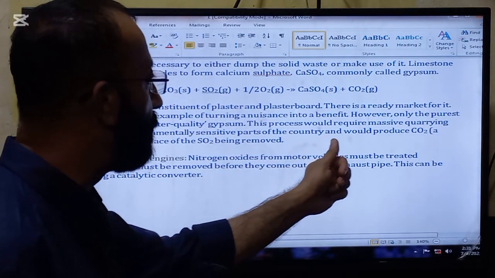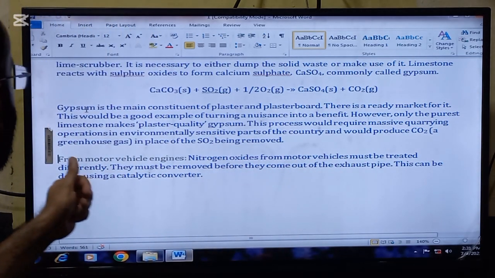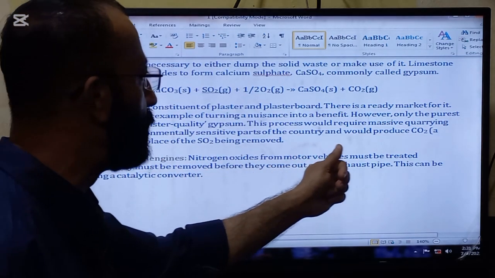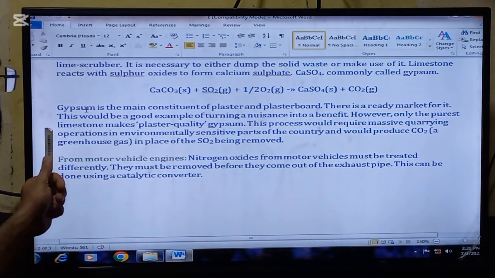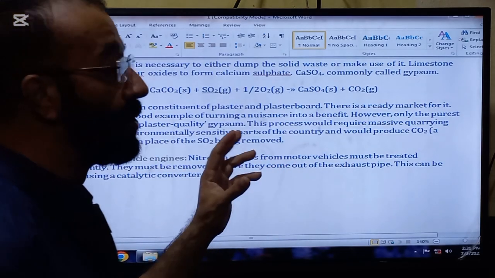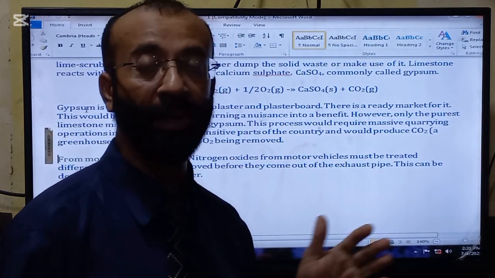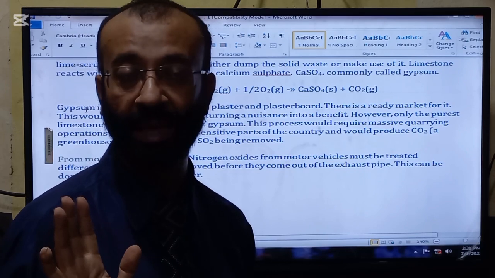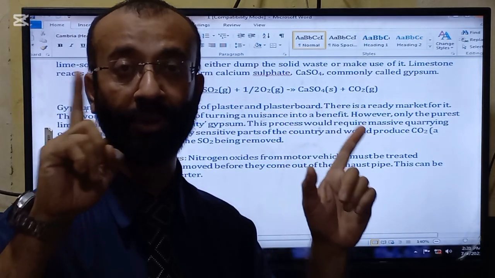This process would require massive quarrying operations in environmentally sensitive parts of the country and would produce CO2, a greenhouse gas, in place of the SO2 being removed. So SO2 will be removed, but CO2 gas will be produced, which is a greenhouse gas, which can affect the ozone layer.